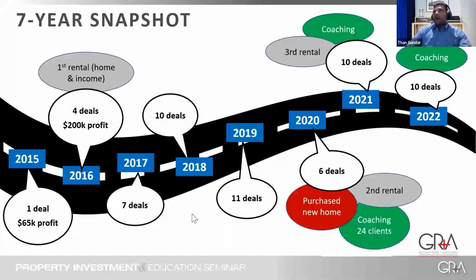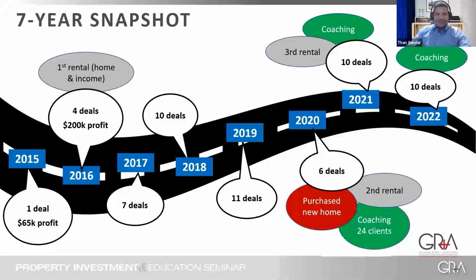So if you were to look at the snapshot, from 4 deals in 2017, and it continues. In 2016 I also bought my first home and income, which I'll show you later. And then along the line, I bought another rental income, which is my neighboring property, and then bought another property, which is now my home.